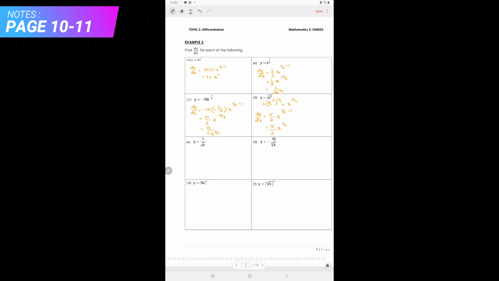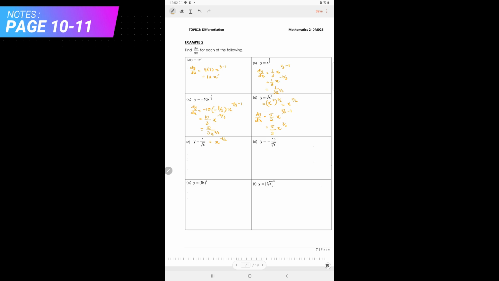Okay. For E, sama juga. Sebelum saya differentiate, saya rewrite atau tulis semula dalam bentuk yang lebih mudah. x to the power of negative 1/2.